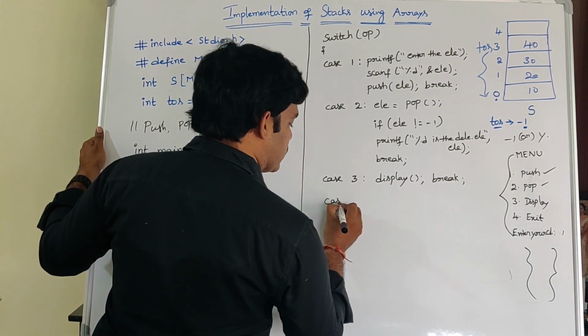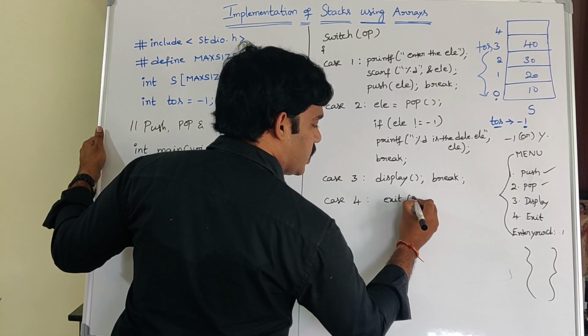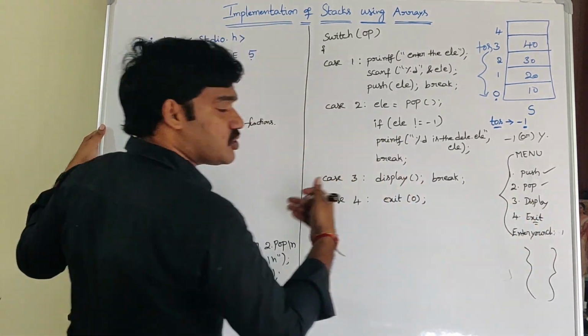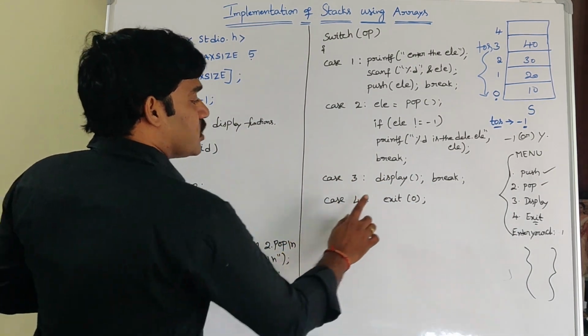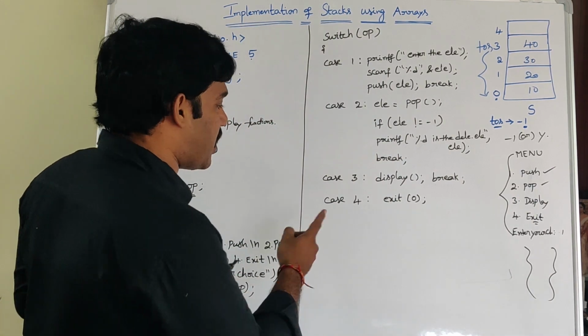Next, what is case 4? Exit of 0. Exit means to come out of the program. For that purpose, we have a function, exit of 0.